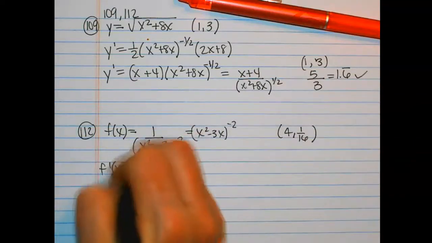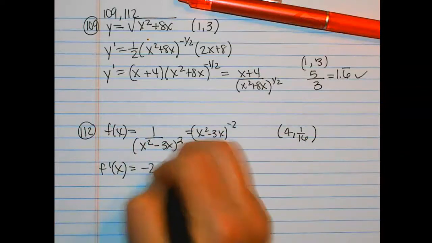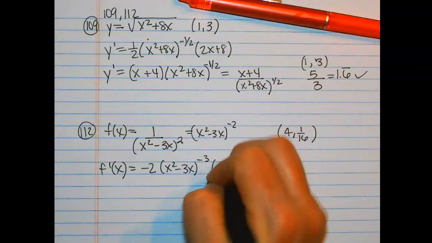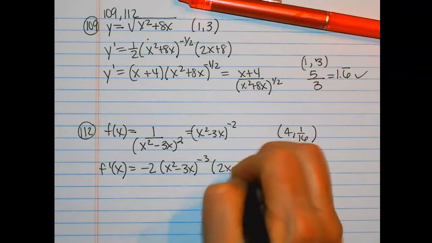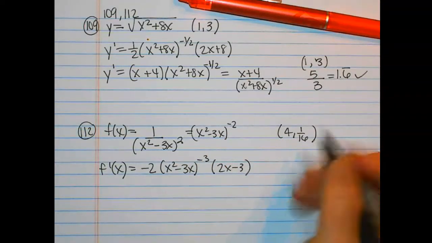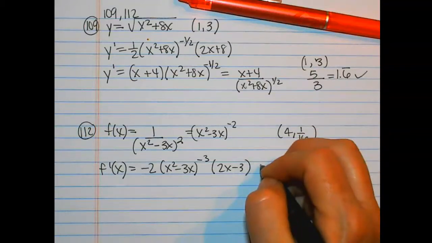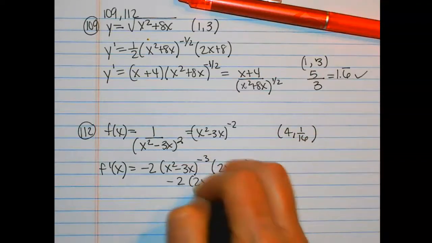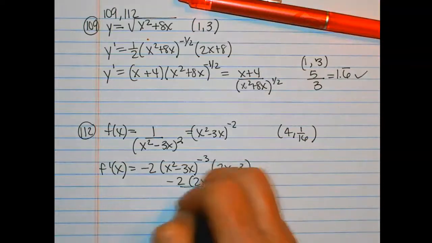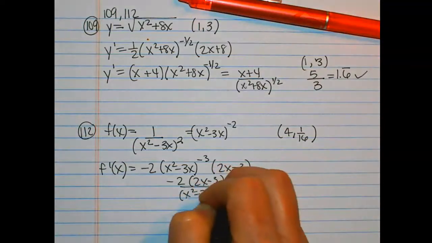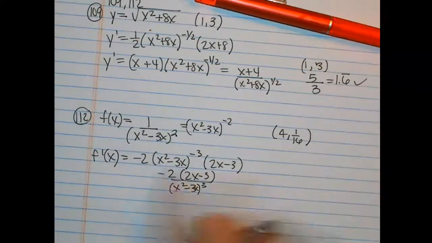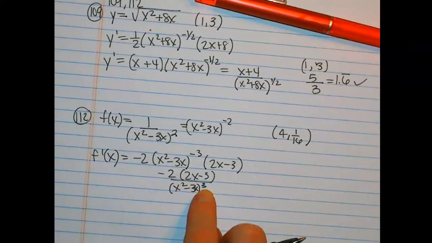F prime of x equals negative 2, keep the baby, to the negative 3 power, times derivative of the baby, 2x minus 3, which is negative 2, 2x minus 3 all over x squared minus 3x cubed.